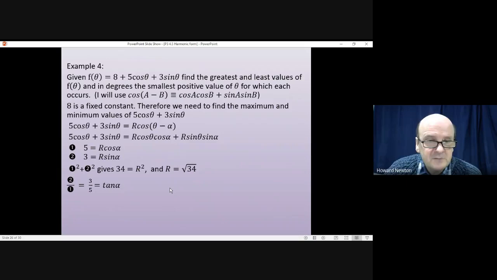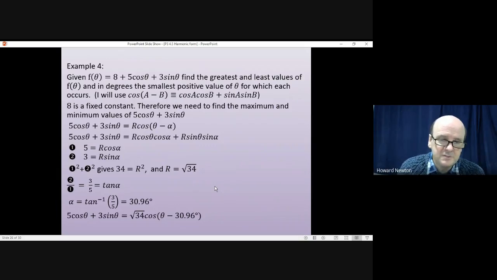Doing the second equation divided by the first one gives us 3/5 is equal to tan alpha, which means alpha is inverse tangent of 3/5, which is 30.96 degrees. So we found r, we found alpha. We can now say that 5 cos theta plus 3 sine theta is equal to root 34 cos(theta minus 30.96 degrees).